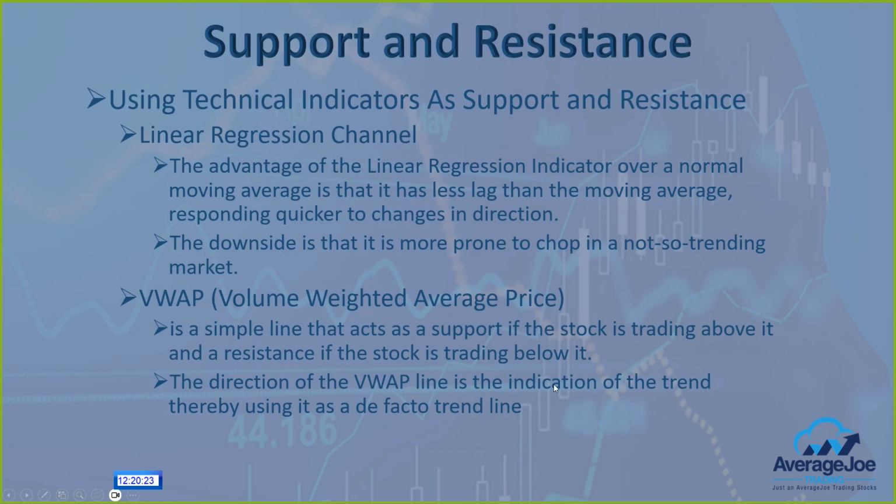Alright, so the direction of the VWAP line is typically the indication of the trend, thereby using it as a de facto trend line. Just like moving averages and whatnot, you kind of use that as the trend.